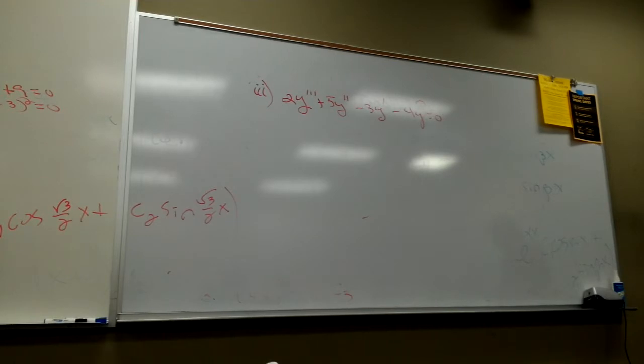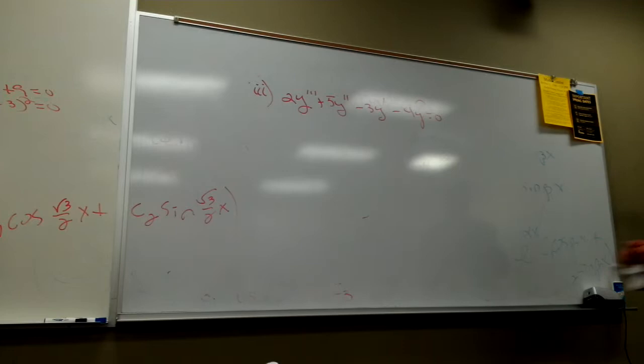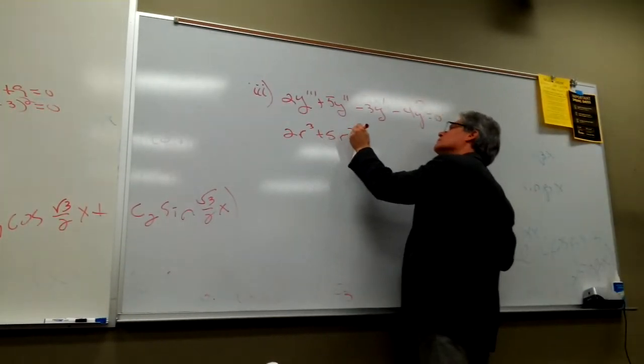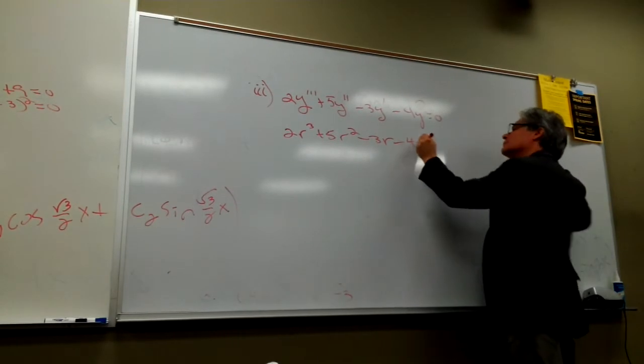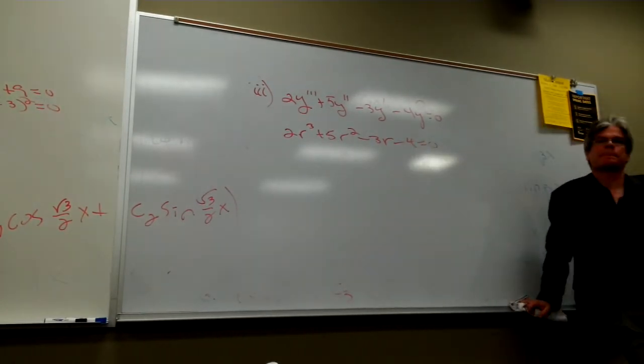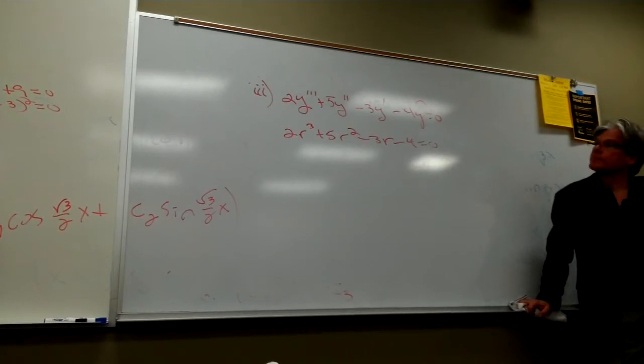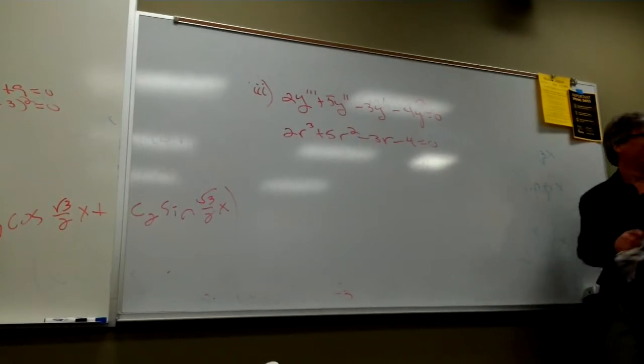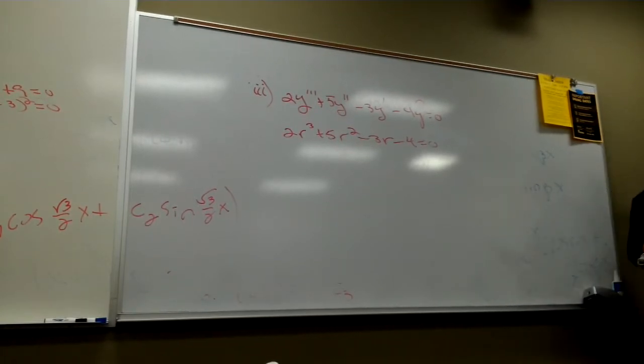What would the auxiliary equation look like for this? And with this equation, here's a corresponding auxiliary characteristic equation. You know, one of those easy equations to solve. You guys are killing me.